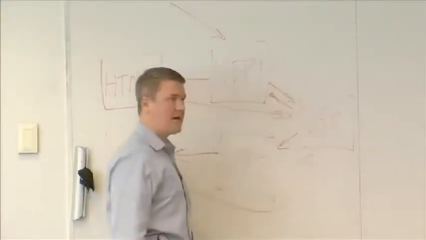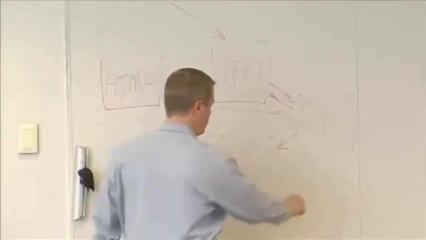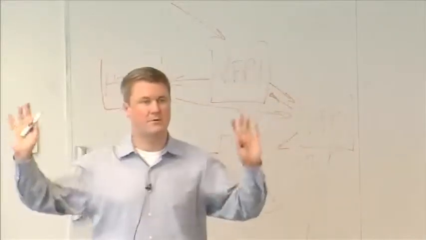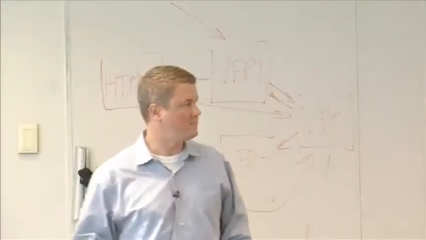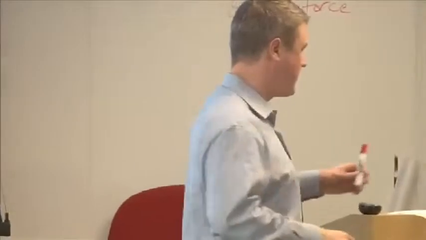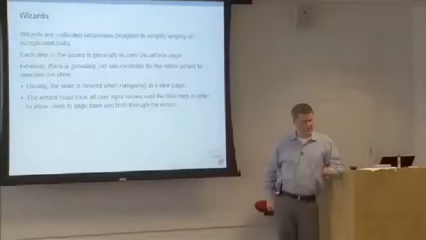They submit that up to the server. Let's just assume everything went perfectly, and we decide to forward them onto the home tab or something like that. Okay? So the user went through many processes here in what was a pretty straightforward two-step wizard.